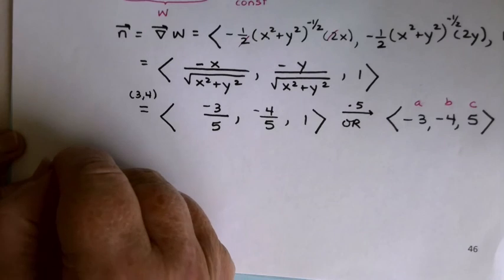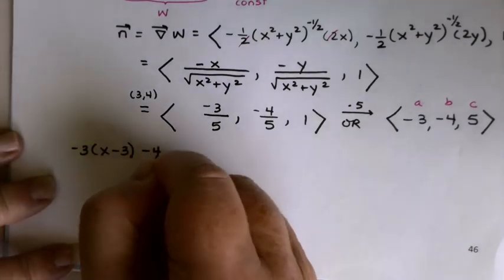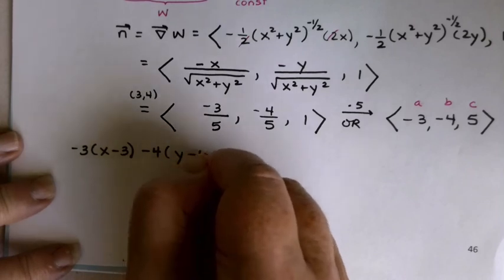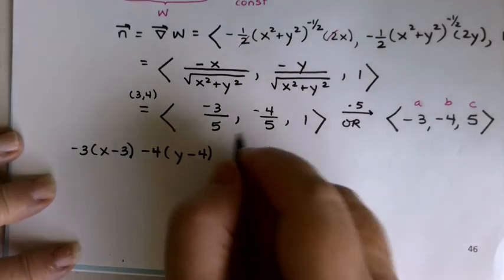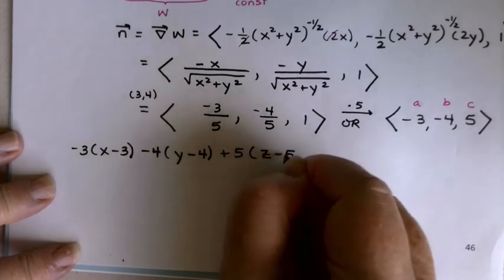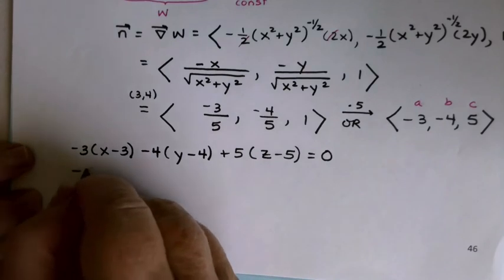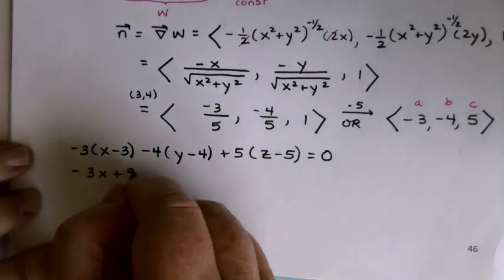So I would have negative 3 times (x minus 3), negative 4 times (y minus 4), and positive 5 times (z minus 5) equals 0. Run through the algebra.